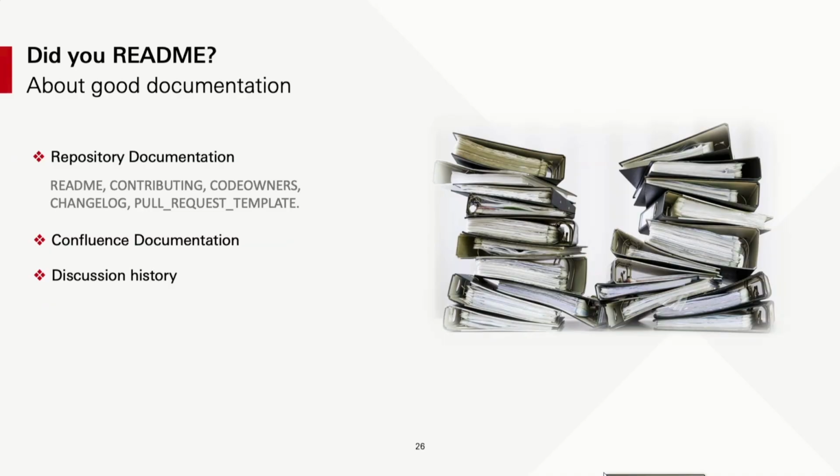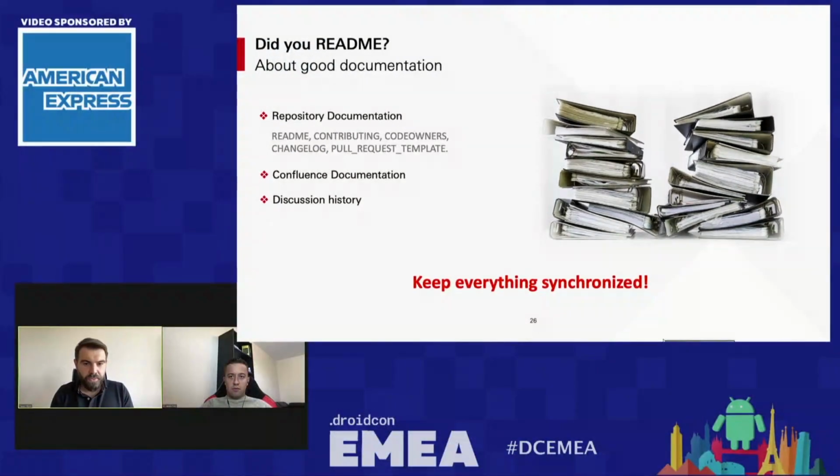It really speeds up checking PRs and can mitigate errors at early stages. Your repository is not the only place where you can keep the relevant documentation. You, of course, can keep it in places such as Confluence, or even your discussion history can become a good source of documentation. Remember, however, to keep everything synchronized and follow the rule of the single source of truth.